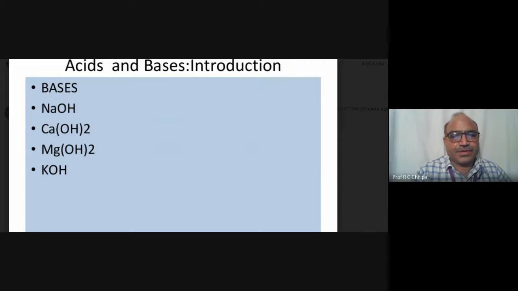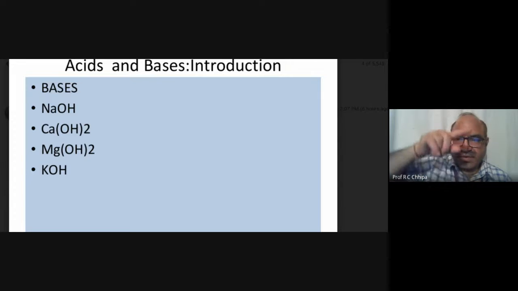bases. Here these are also called alkalis. I think all of you are well aware of the periodic table, in which the different elements are arranged group-wise, 18 groups from top to bottom, and periods from left to right.